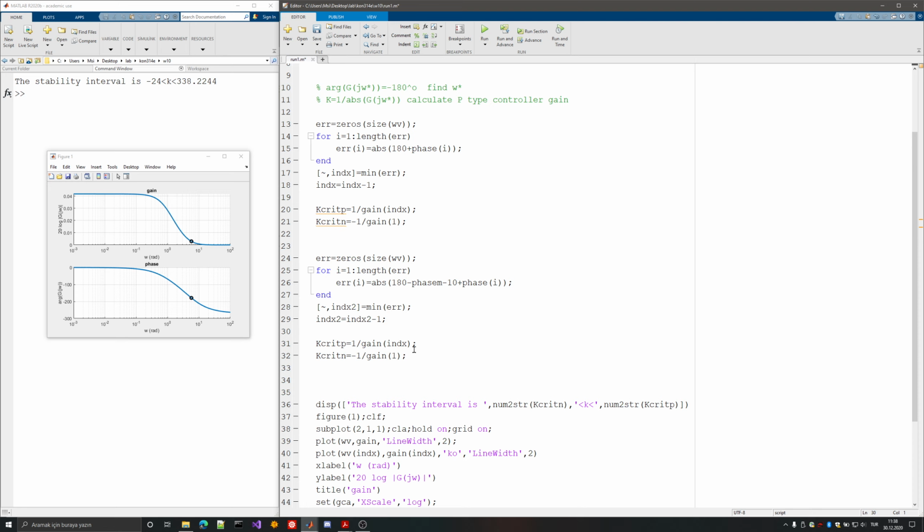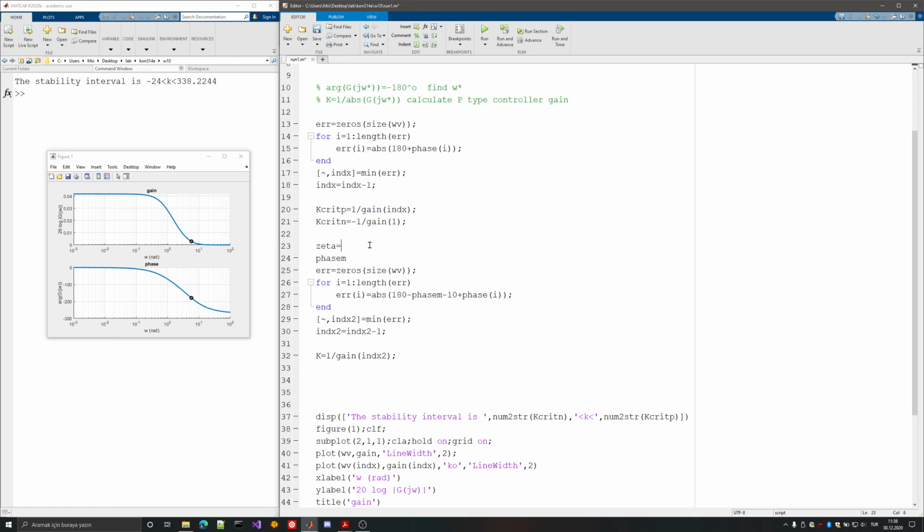I don't need this anymore, and let's say this is K here. This phase margin needs to be defined. Let's do the right thing and use this overshoot divided by the square root of pi squared plus log of overshoot squared.